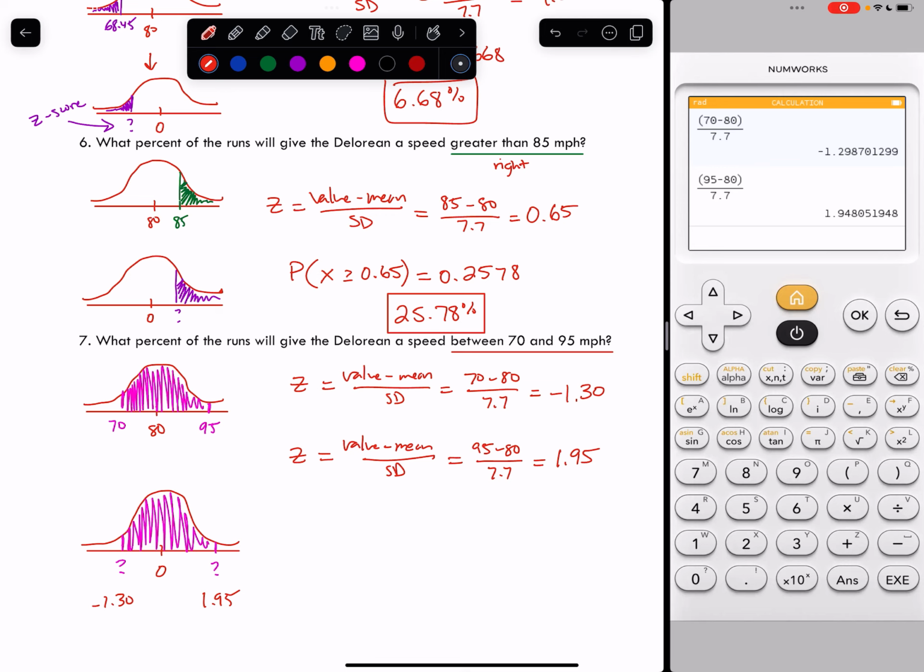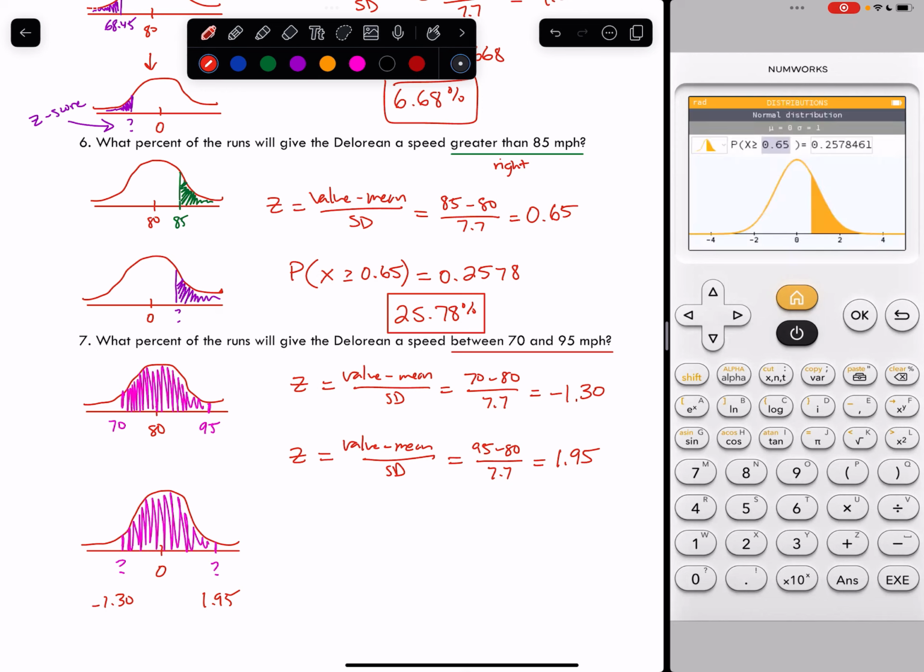So if I go to my distribution on my calculator, again, I want the between, so we're going to pick the middle graph here in between. We want in between negative 1.30 to the right, we want 1.95.